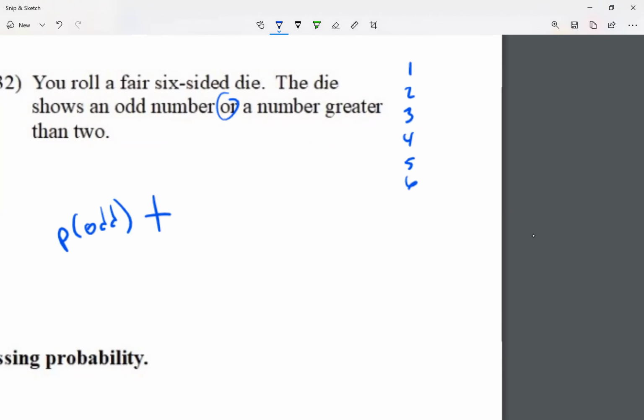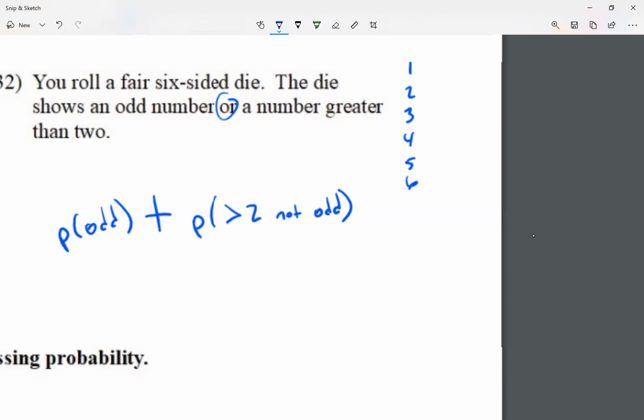Can it be greater than 2 and odd? Yeah, it can happen at the same time, so this is not mutually exclusive. So let me write this out as greater than 2, but not odd, because I already counted all the odds.